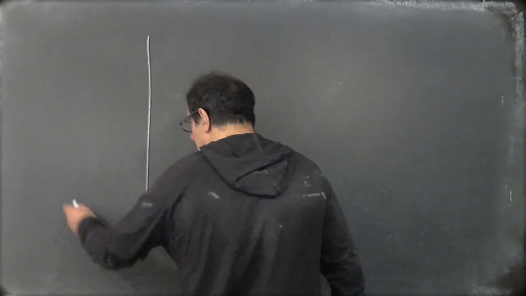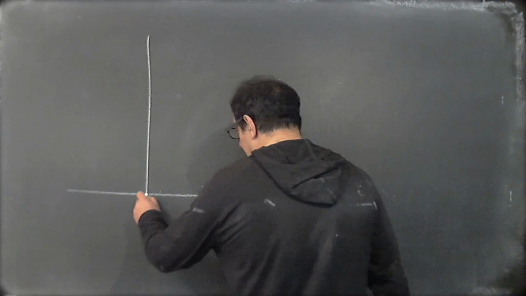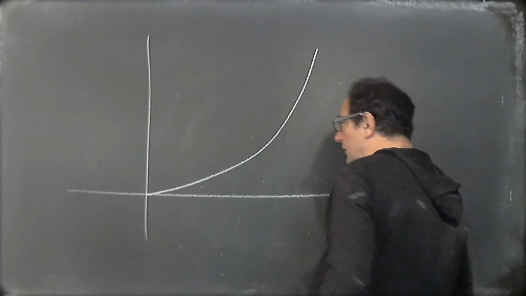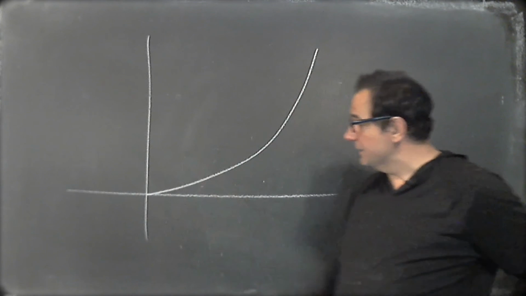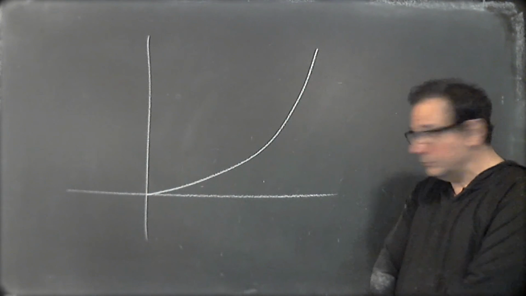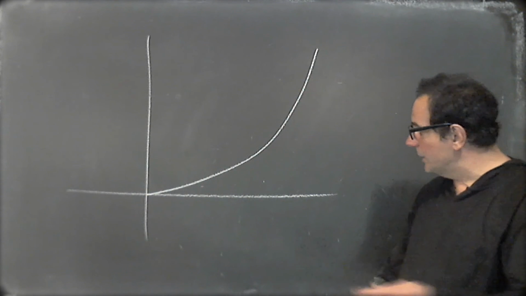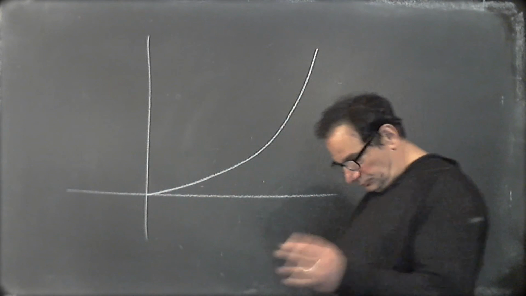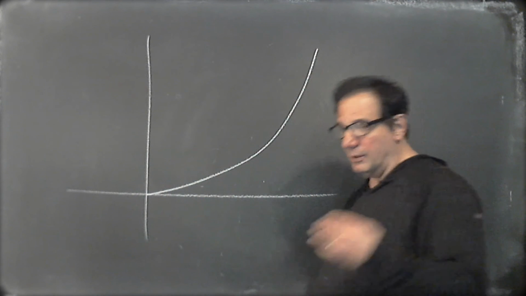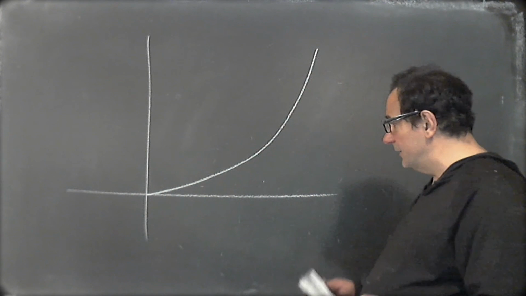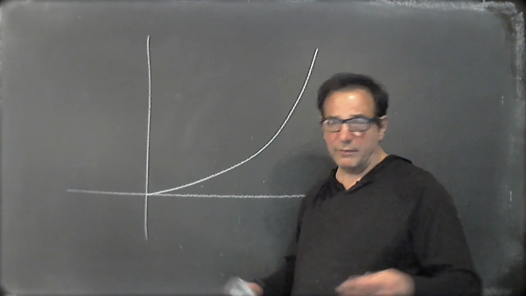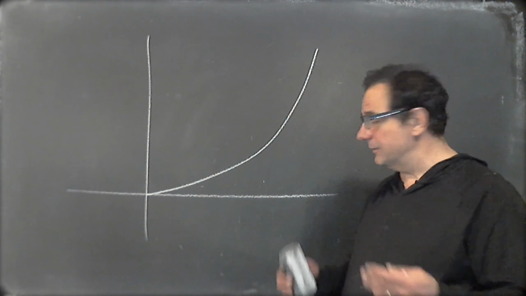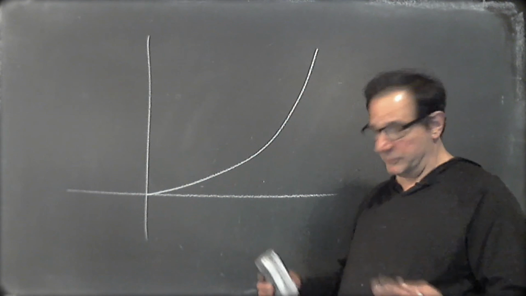So let's do this. We'll draw a curve, and we'll pick one of our old friends, let's say x squared. I'm only going to draw the positive branch because we don't need the negative branch for what we're about to do. We're going to try to find the slope of this curve at 2. Nothing is drawn to scale here; I'm just using this to motivate a way to find the slope of the curve at a point.